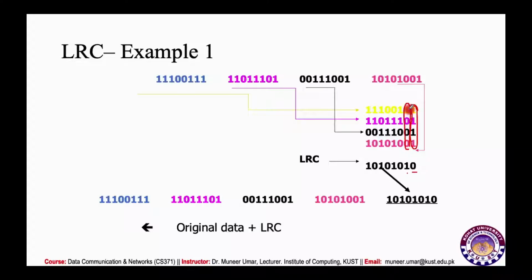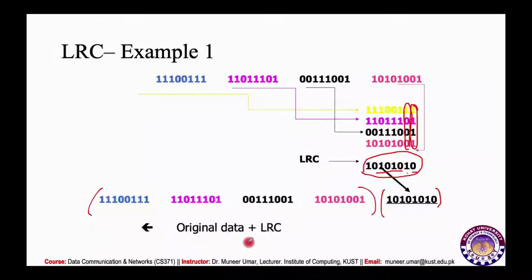Here only 1 is present, so an odd number of ones, 1 is given to make it even. Similarly, zeros and ones are given, so this one is actually the LRC, and this LRC is appended with the actual data and it is transmitted.